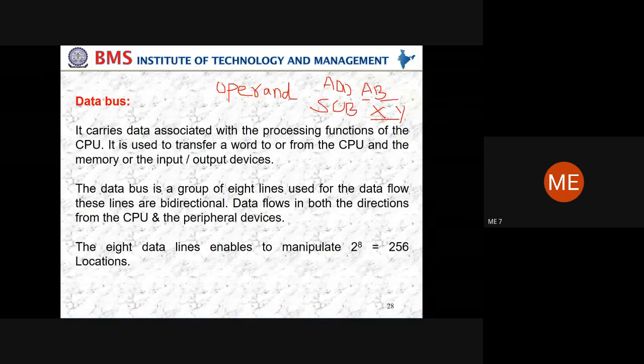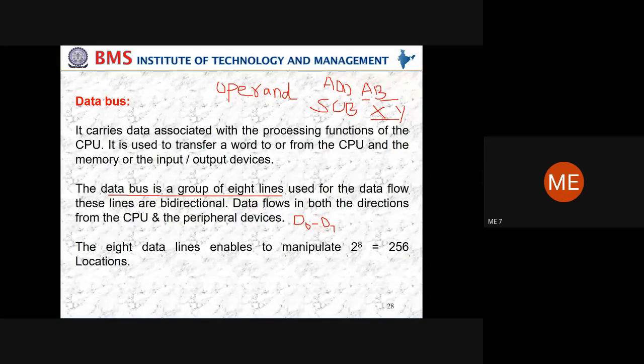The data bus is a group of 8 lines used for the data flow. The data lines are generally D0 to D7, so 8 lines are present, and these lines are bidirectional.